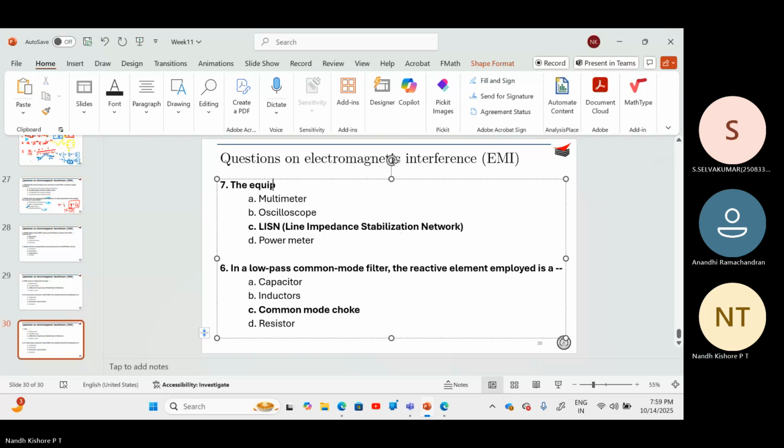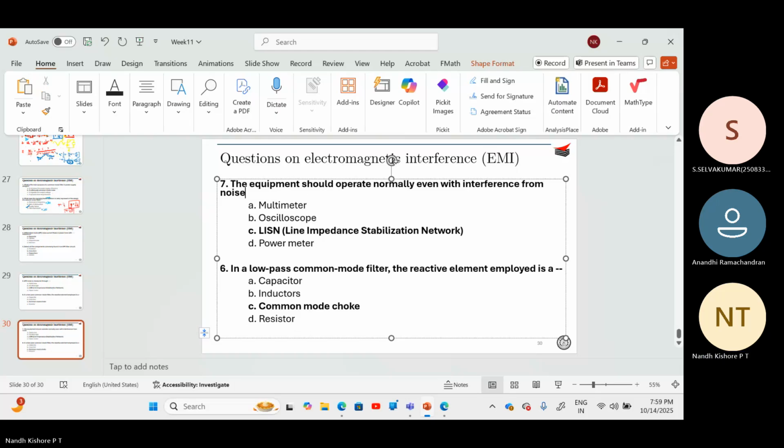The equipment should operate normally even with interference from noise. So even if there is EMI noise, the equipment should operate normally, right? This is what you want.